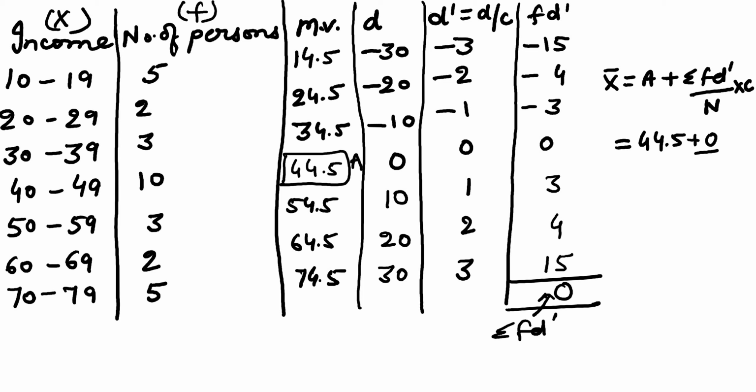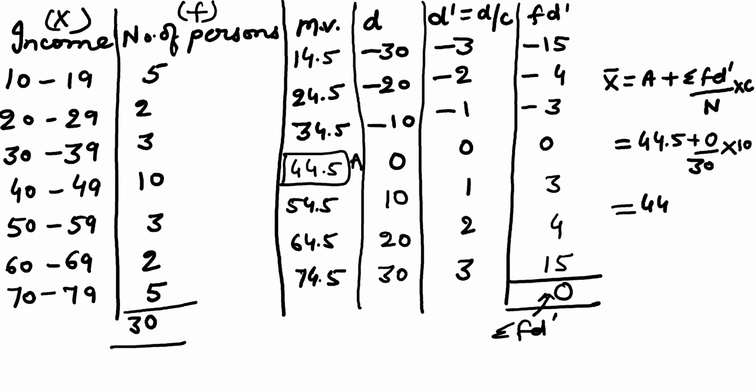So 5 plus 2 plus 3 plus 10 plus 3 plus 2 plus 5 will be 30, so our n, or summation f, is 30. So we will write 30 here into common factor 10. You already know that if we divide 0 by any number, we get the value as 0.